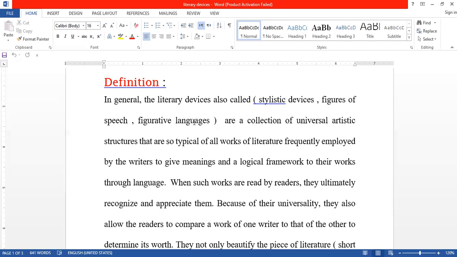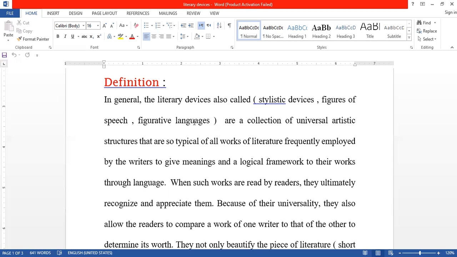Stop here. As you can see, the literary devices, we can also call them stylistic devices, figures of speech, or figurative language. You can use either of these titles. They are a collection of universal artistic structure, since we are writing art; at the end, writers are artists.